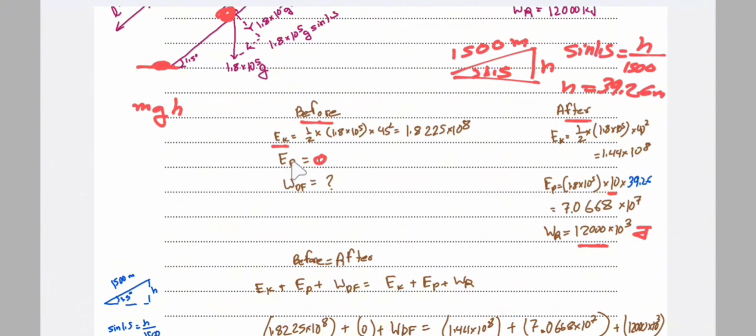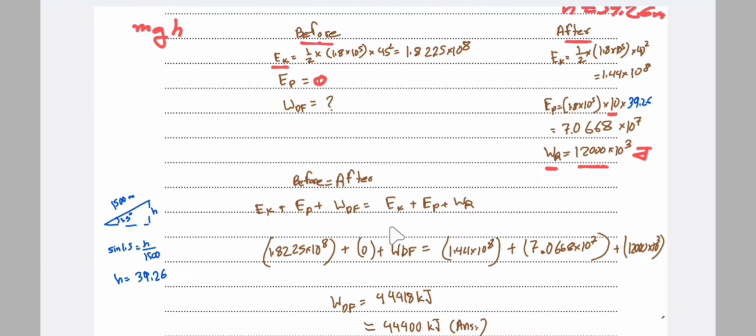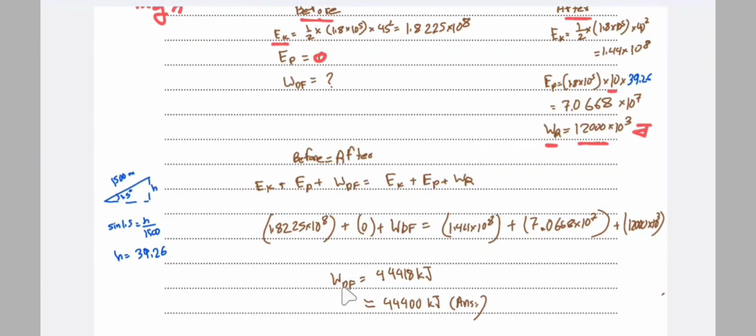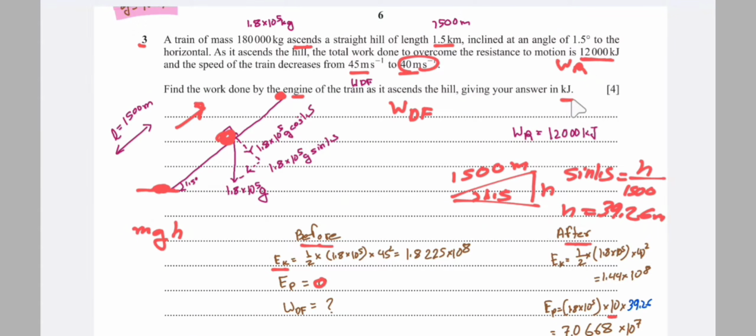Then we know the kinetic energy, gravitational potential energy, and work done by driving force before, and after kinetic energy, gravitational potential energy, and work done against resistance. So before is equal to after, that is we equate these values and find the work done by the driving force. We need to express this answer in three significant figures, so 3 SF, and the answer is in kilojoules as given in the question.